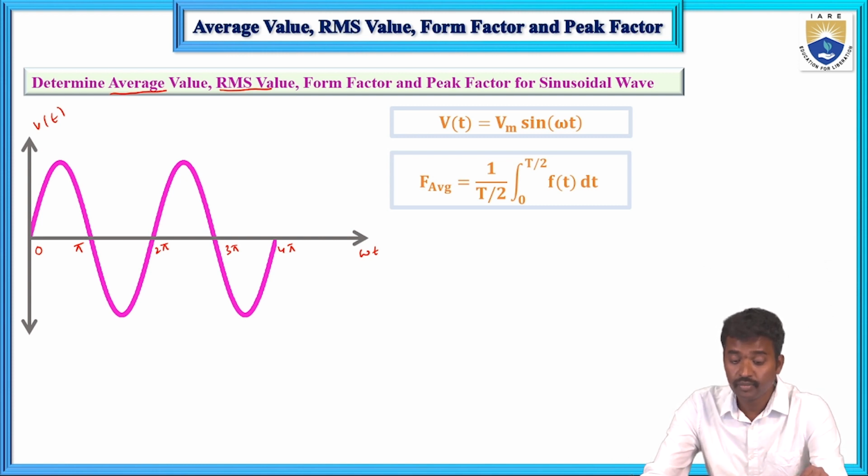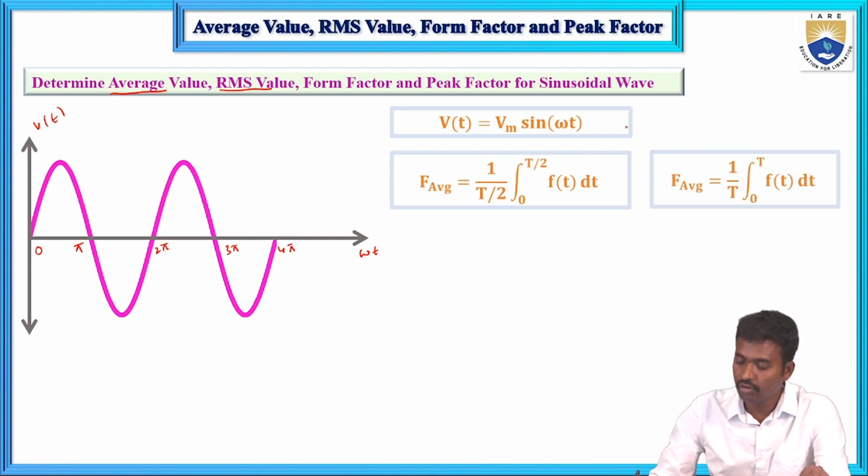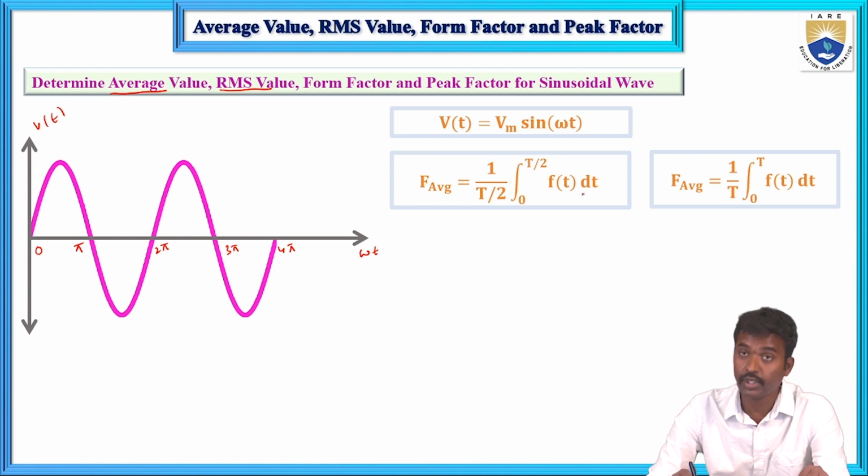For this case, the average value equals 1 by T by 2, integral 0 to T by 2 of f of t dt. This is for a symmetrical waveform. For an asymmetrical waveform, the average value equals 1 by T, integral 0 to T of f of t dt.